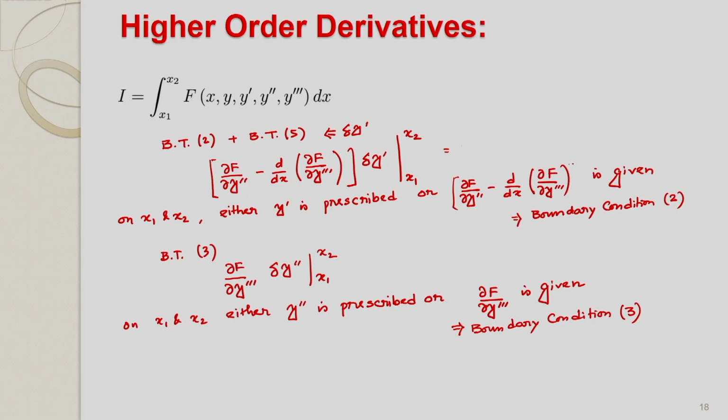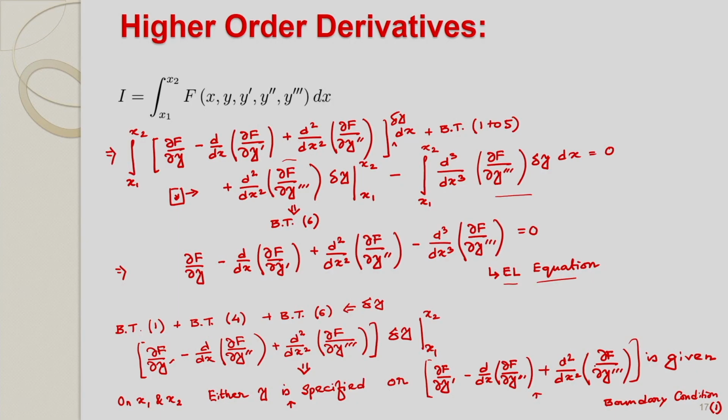The second set can be the essential boundary condition in terms of y prime, either y prime is given or this quantity is given. The third set, either y double prime is prescribed or this quantity is given. So, 3 sets of boundary conditions, one part is essential, or these 3 sets of natural boundary conditions.